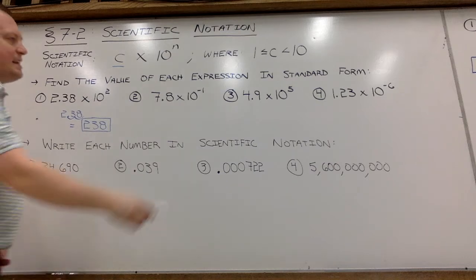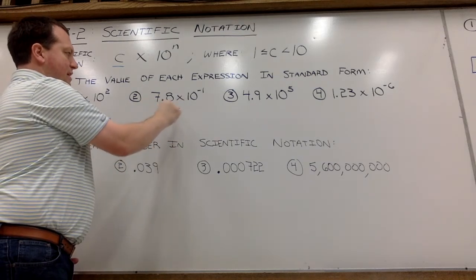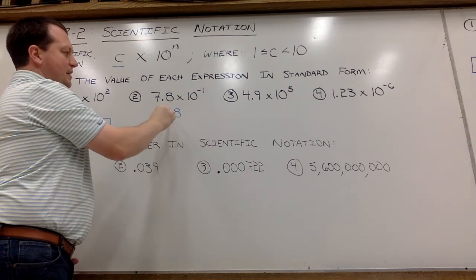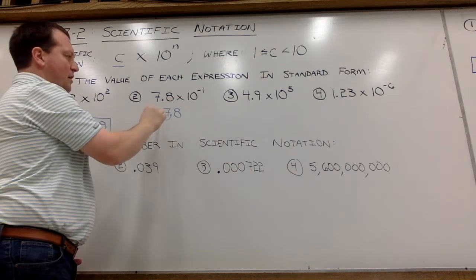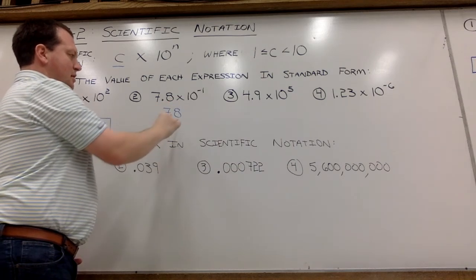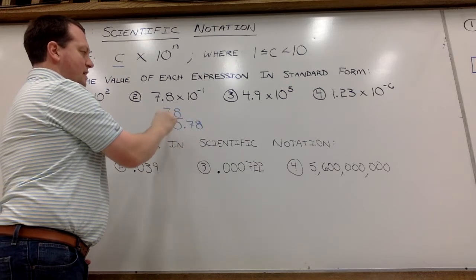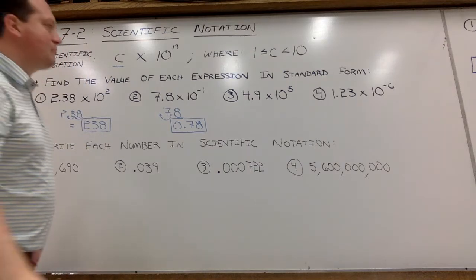Let's take a look at a negative exponent value. 7.8 times 10 to the negative first. Well, negative tells me to move to the left, and I'm going to go 1 place value. So 0.78, or just .78. Either way is great.